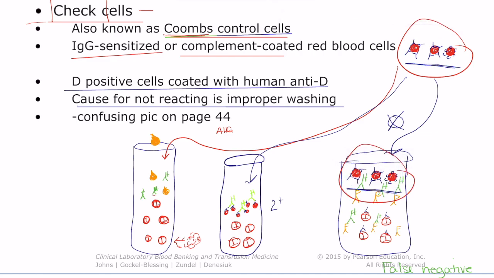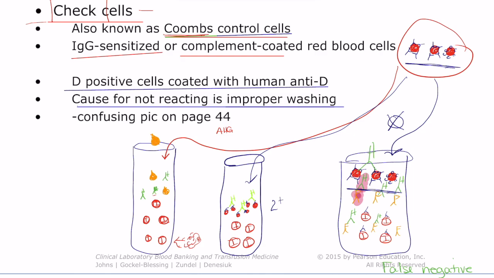There's our check cells. They're now in there. Because this human globulin is bound to this human globulin, it now can't even bind to the check cells. Whoops, I didn't want to use that. So it can't bind here like we'd like it to.